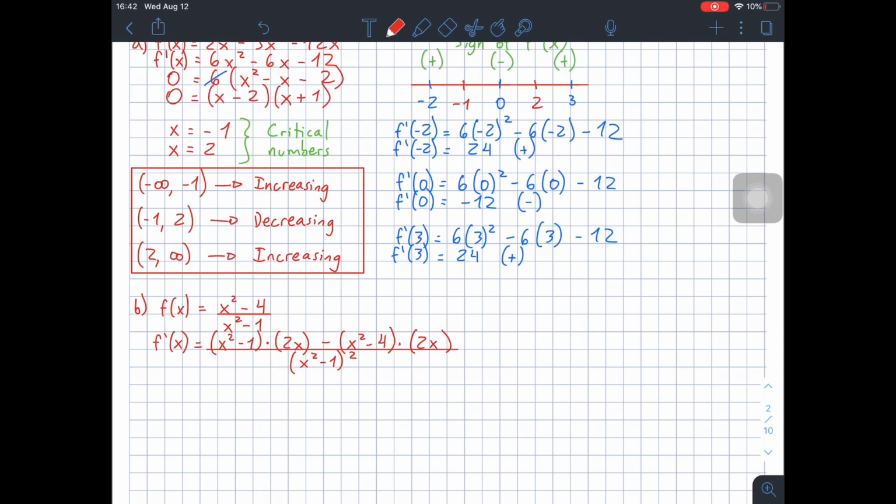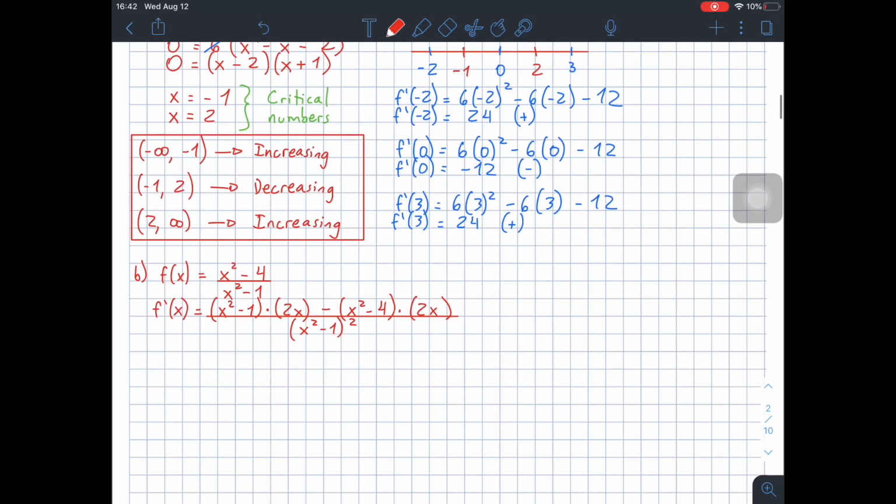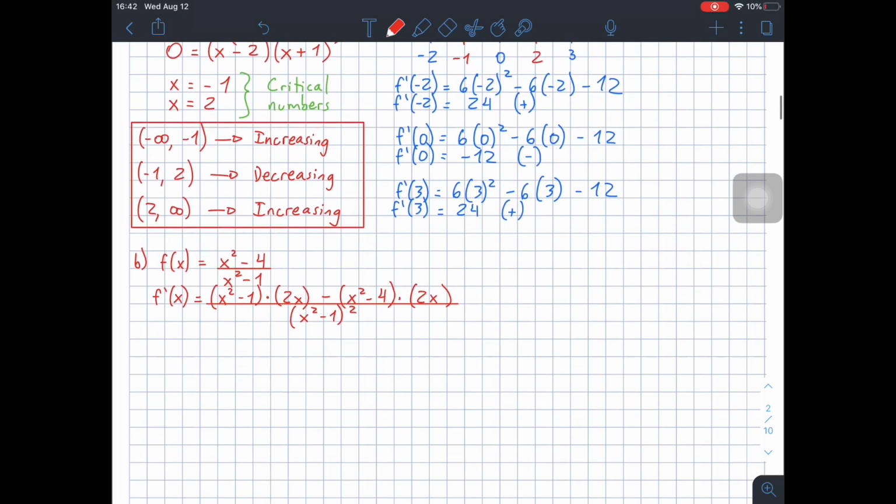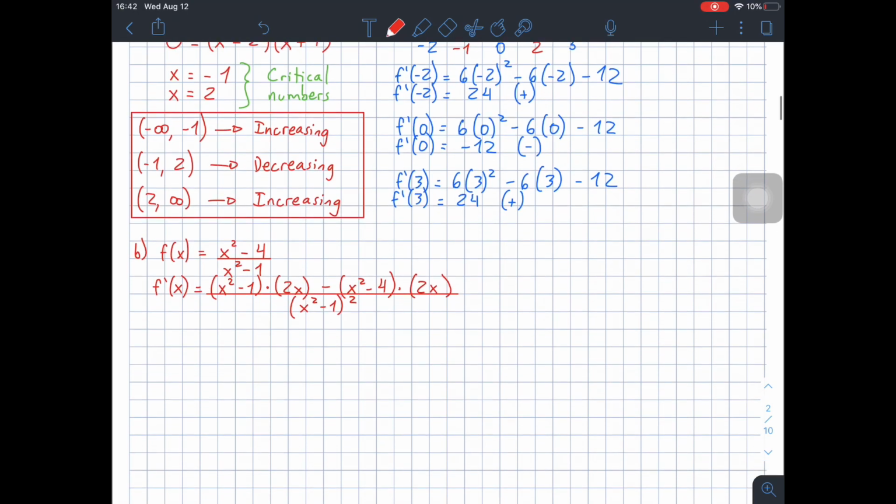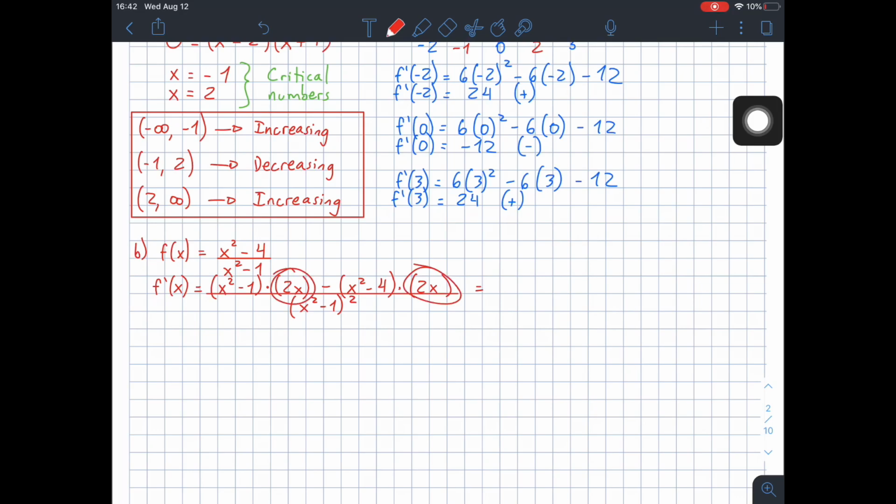Okay? I need to work on this in order to get something that is more elegant, right? So I see I have a common factor of 2x, so I'm going to take 2x as a common factor, and inside we're going to get x squared minus 1 minus x squared plus 4. And this is all being divided by x squared minus 1 squared.